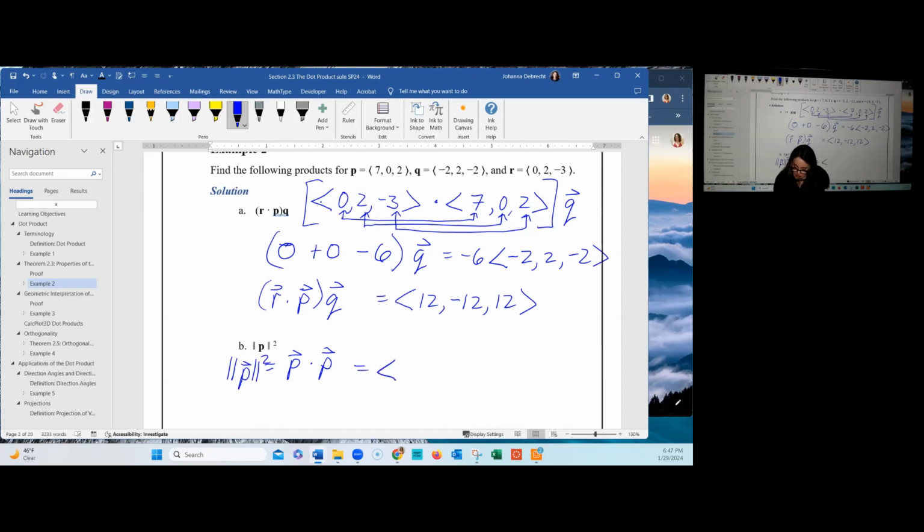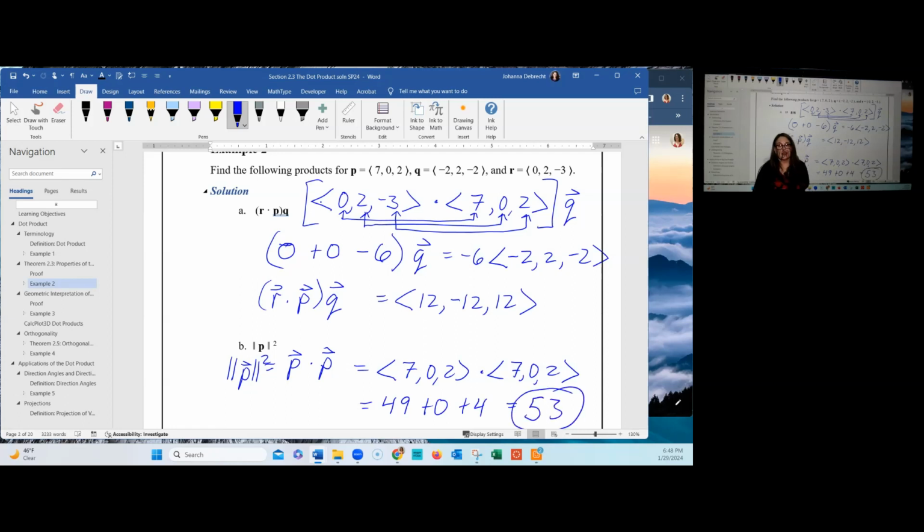So this is just going to give me 7, 0, 2 dotted with 7, 0, 2. And again, at this point, you can start doing some of the work in your head. 7 times 7 is going to give you 49. 0 times 0 is still 0. 2 times 2 is 4. So you should come up with 53.